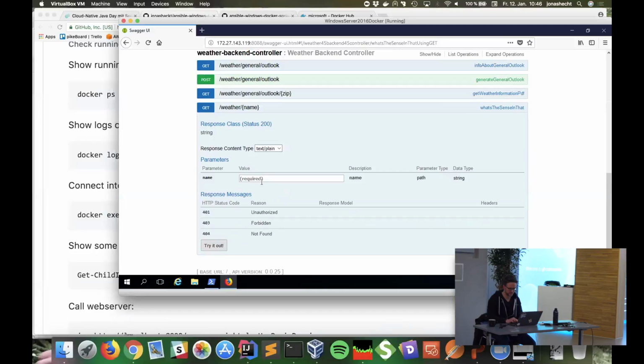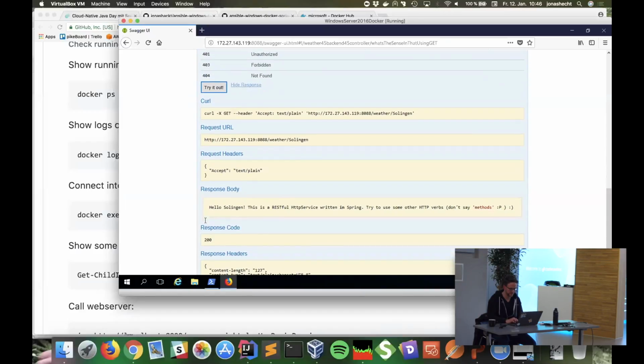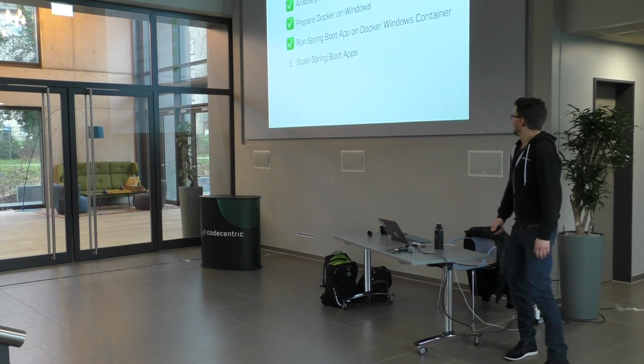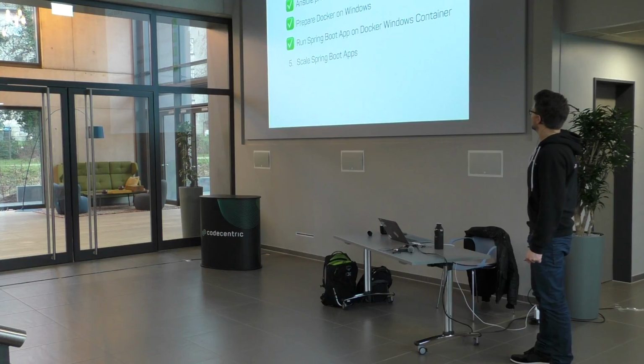Just have a look if it will work. So, Solingen. We're here in Solingen today. Hello Solingen. Yeah, nice. Response code 200, works. Pretty cool. Nice. Okay. So we're nearly there.